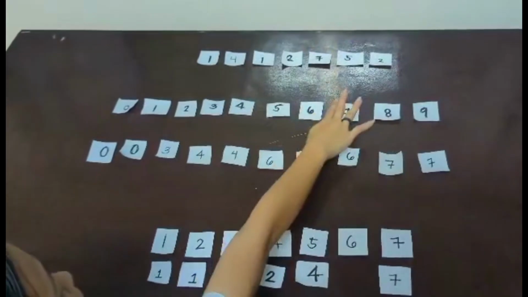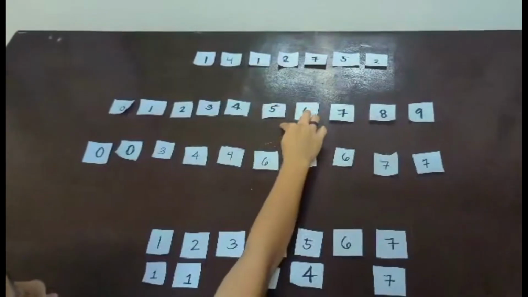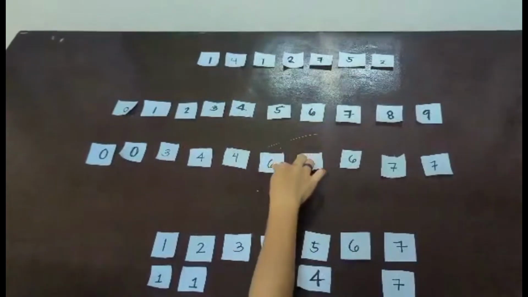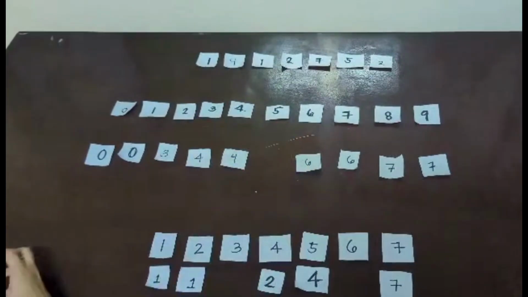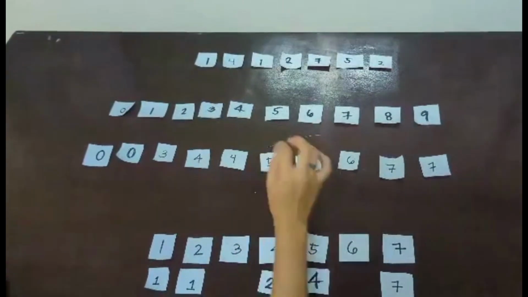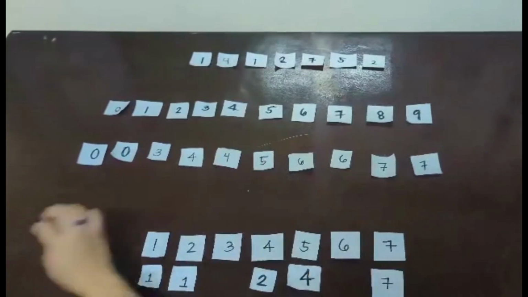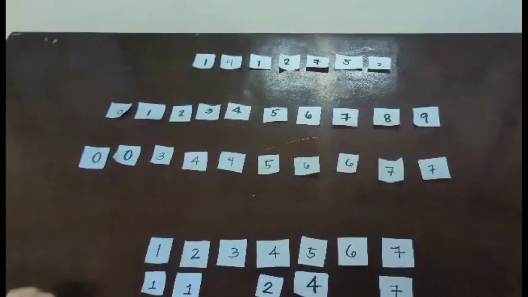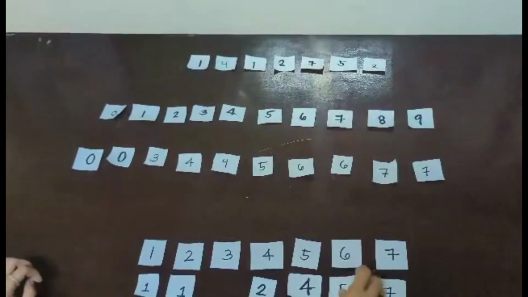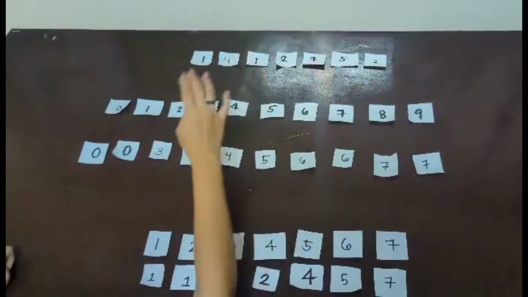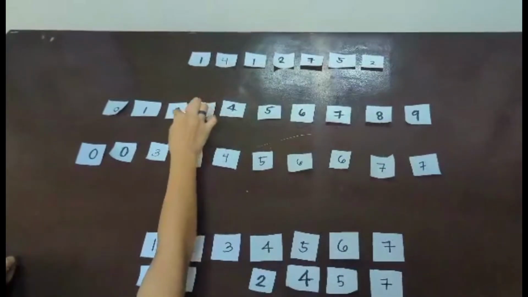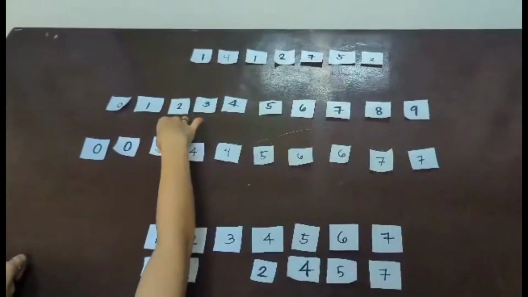And 5: the count array of 5 is 6. That will be deducted by 1. So 6 minus 1 equals 5. So the 6 is 1, 5. 2: the count of index 2 is 3.